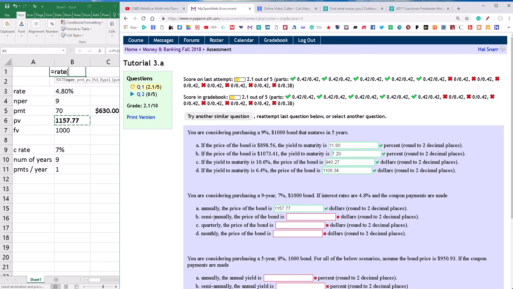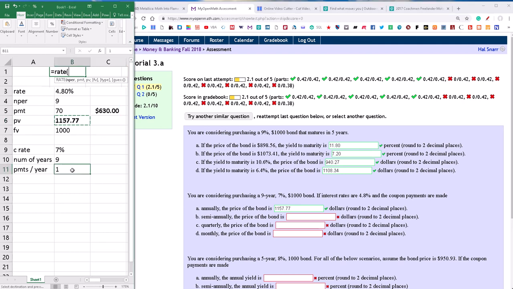Okay, now in this one we're going to change the payments per year to 2. So that doubles our number of periods. It halves our interest rate and halves the annual payment to 35. And the price, what happened to the price? Again, the price is, in this case, based on the semi-annual interest rate.